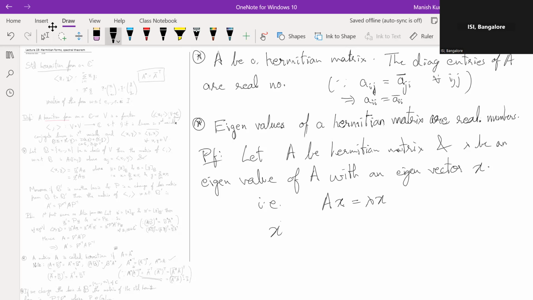So let's look at x star Ax. This is the same as lambda times x star x. But what is x star x? x star x is the norm of x, so x star x is a real number.